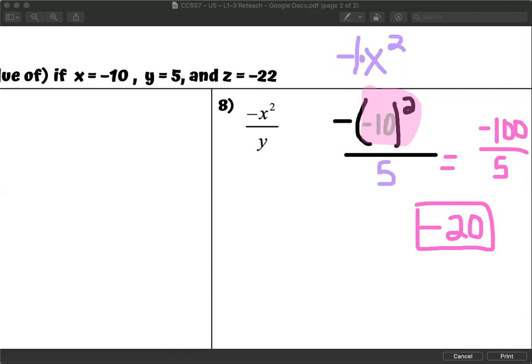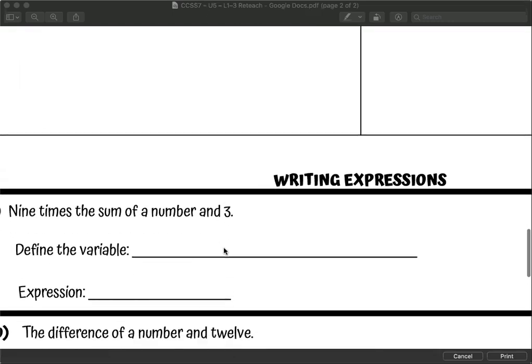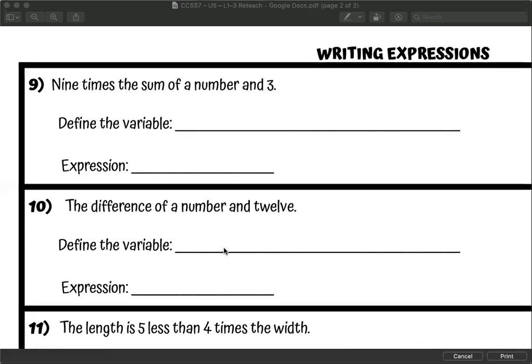All right. Last part, we are looking at writing expressions. So 9 times the sum of a number and 3. I'm going to circle my numerical values. We have 9. We have 3. I'm going to underline my unknown, so a number. I'm going to say n equals a number.